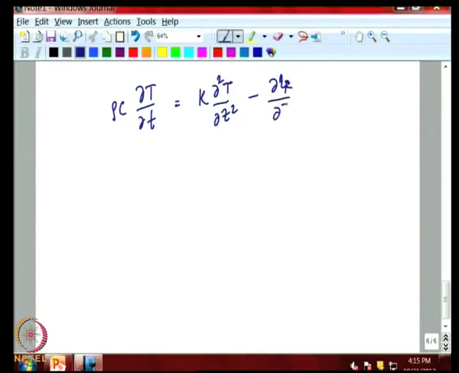The transient equation for the atmosphere involves the unsteady term, the molecular diffusion term, and the radiative cooling term. For this calculation, we are going to use the emissivity model.